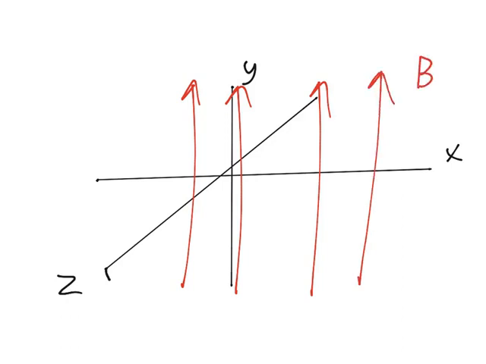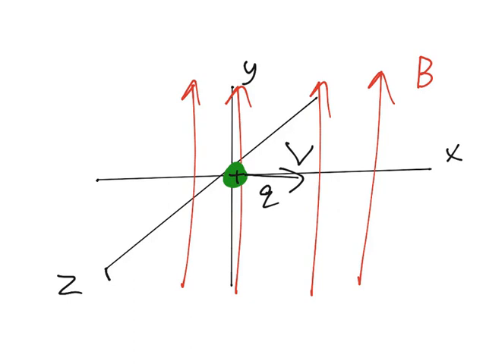So here's B, and then here's my charge. So again, move it up, nothing happens. Move it down, nothing happens. But if I move it to the right this time, let's give it a velocity in the plus X direction here.